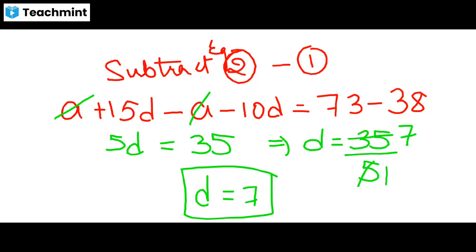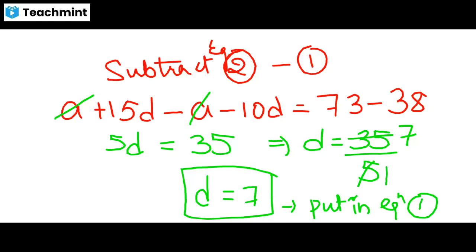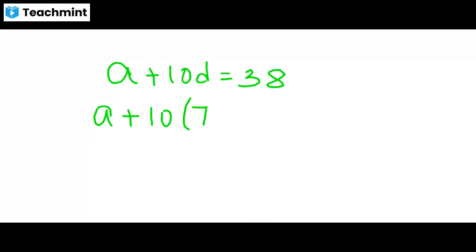This you can put in equation 1. Equation 1 is a plus 10d is equal to 38. Now you got d value as 7. So a plus 10 times 7 is equal to 38.